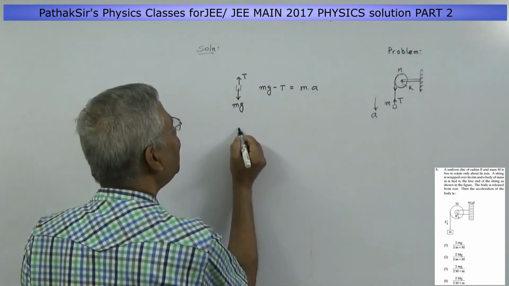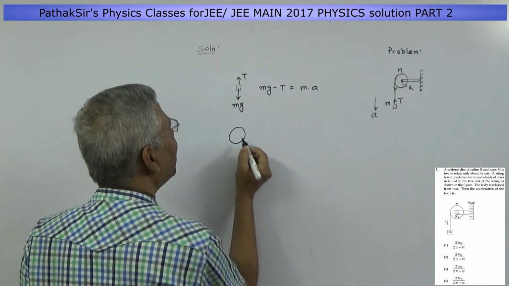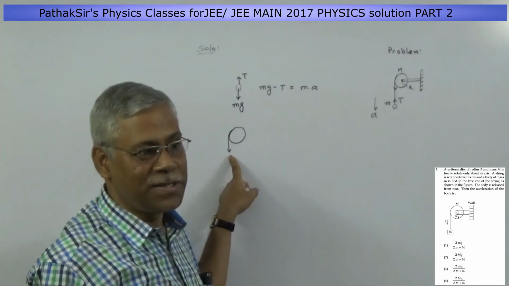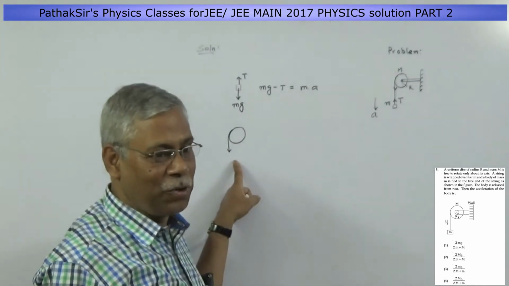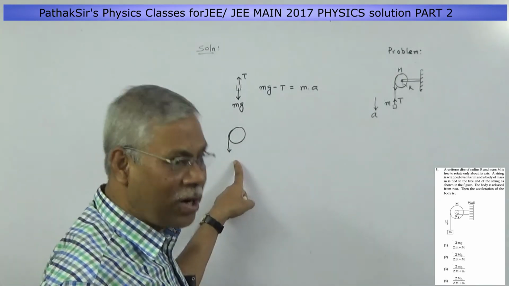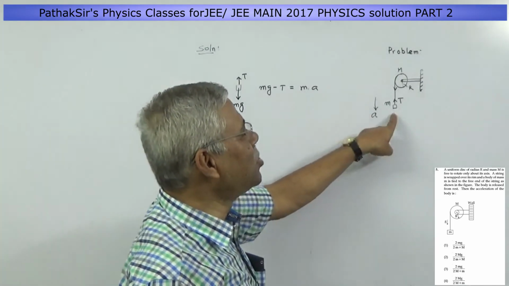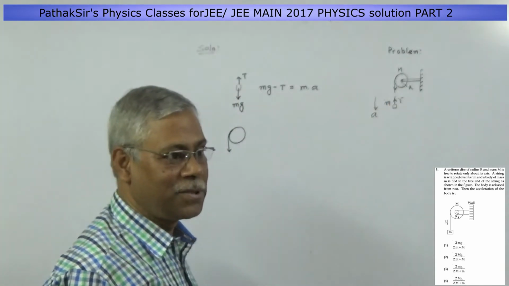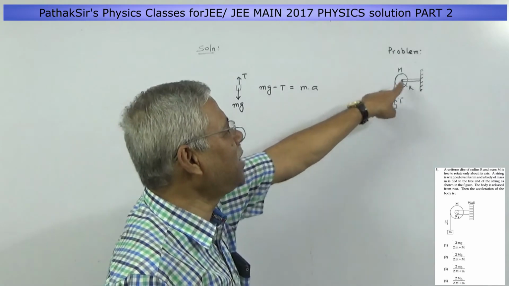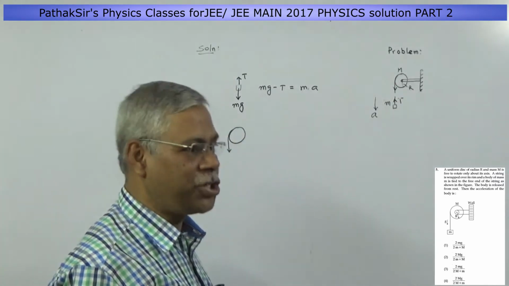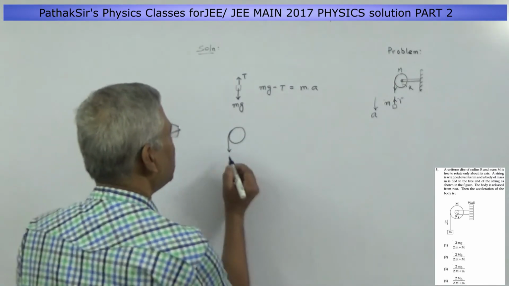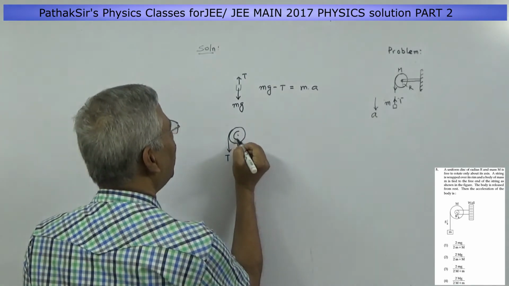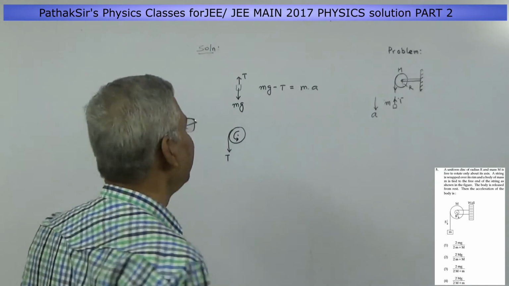For the pulley, which force is acting on the pulley? Tension T, not mg. The mass is not connected to the pulley, it is the string which is connected to the pulley. So which tangential force is acting on the pulley? Tension T. So T is acting on this and it will rotate in this direction.